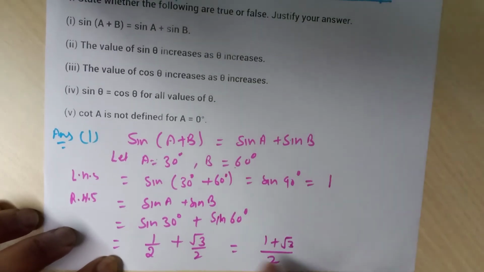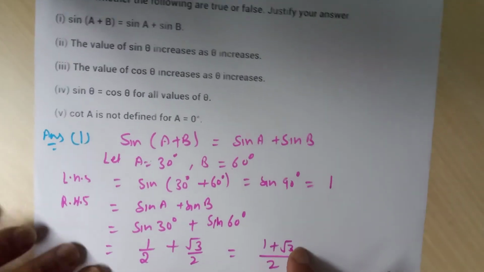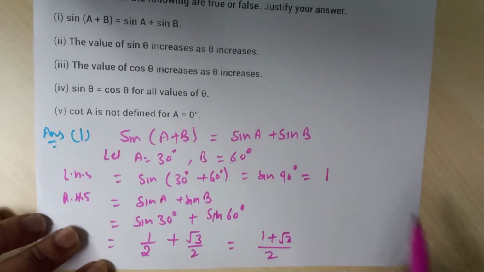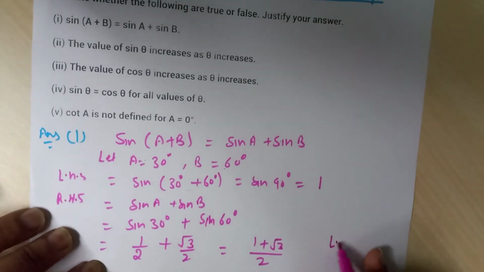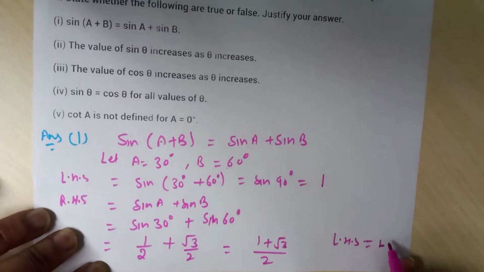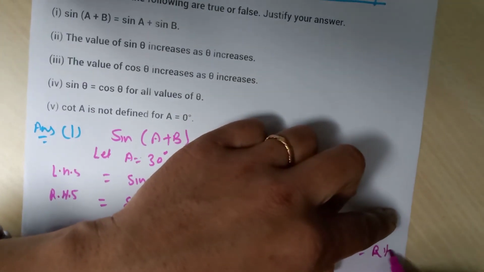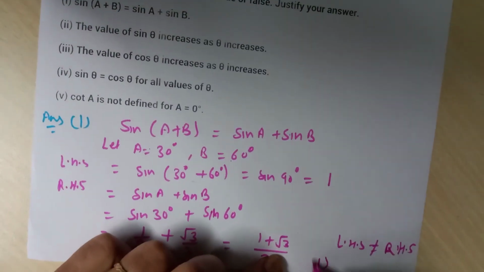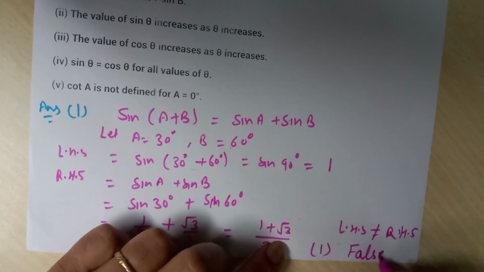So we are left with (1 plus root 3) upon 2. So left hand side here is not equal to right hand side. Therefore the option 1 is false.